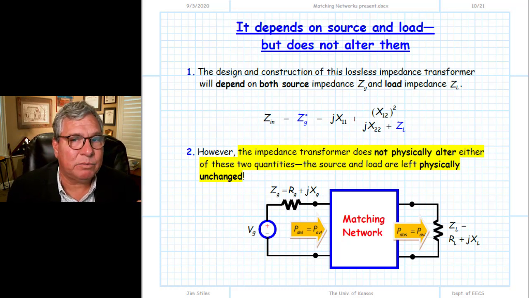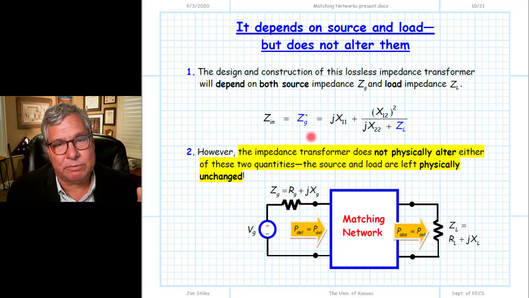And we can see that with the design equation. Remember, what we're trying to do is transform a load impedance into an input impedance that's numerically equal to the complex conjugate of the source impedance. And so this really becomes our design equation with respect to the transimpedance parameters of that lossless matching network.